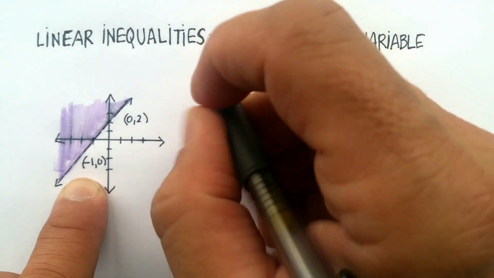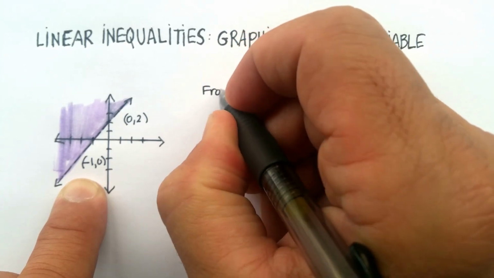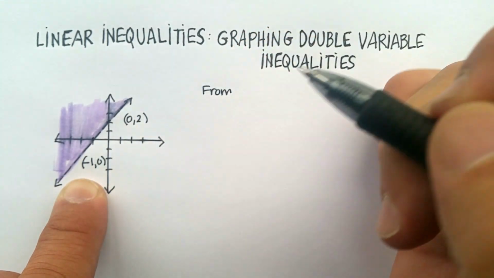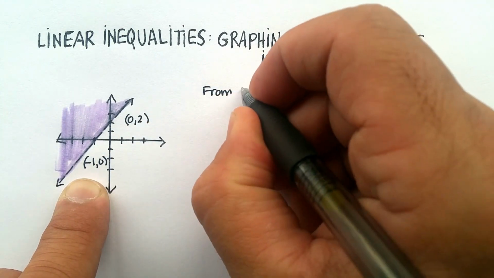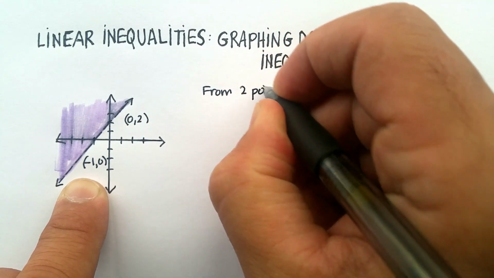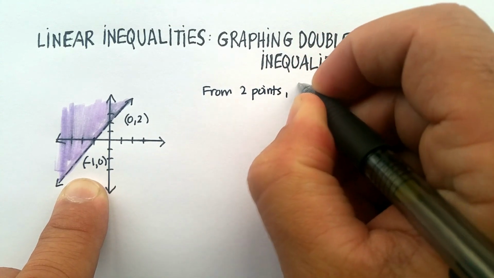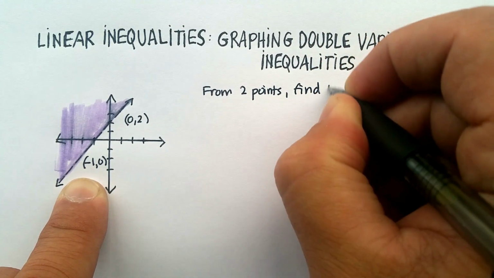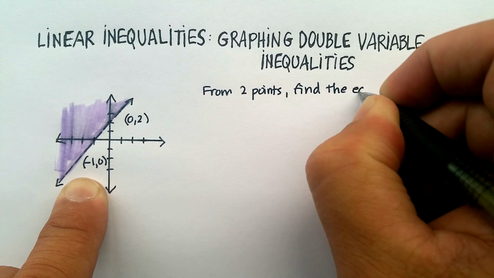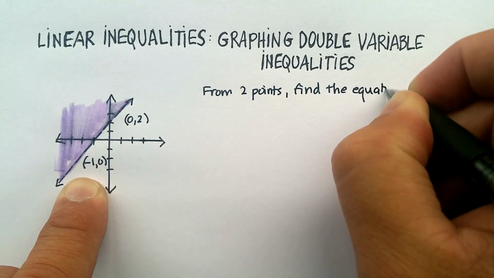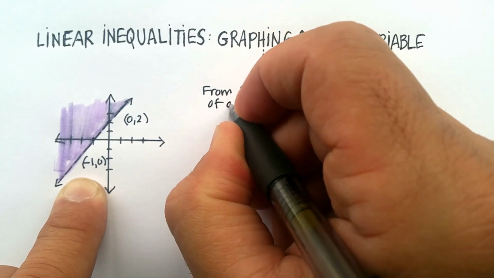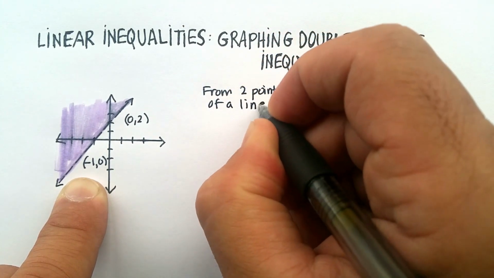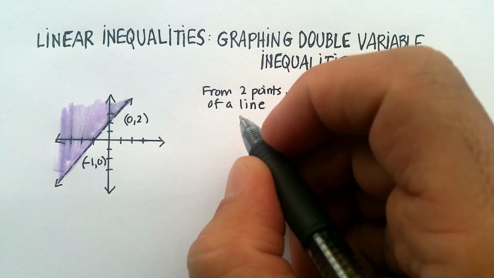Well, because from 2 points, I can actually get the equation of a line, if you remember previous information that we've studied. All right, so from 2 points, find the equation of a line. Let me just write that down here. Find the equation of a line. Now, from those 2 points, I can find a couple of things.